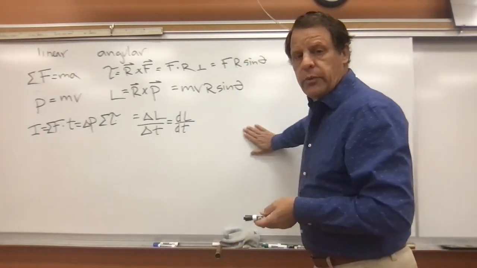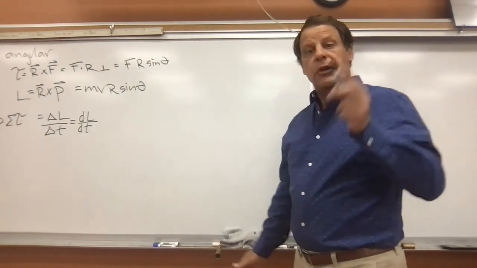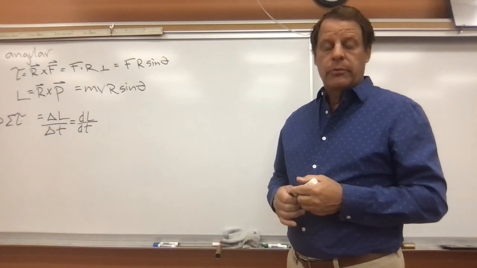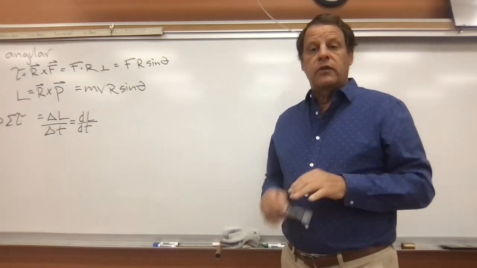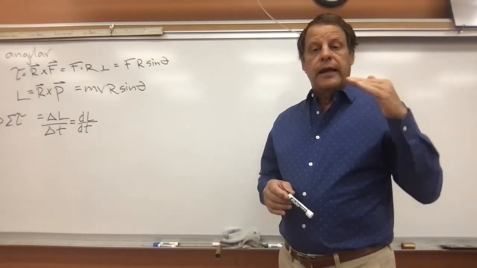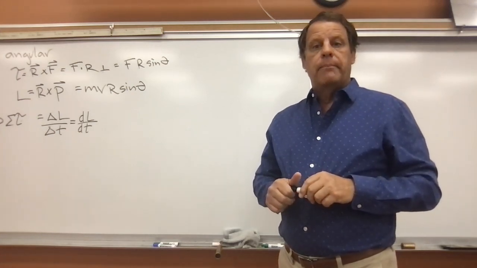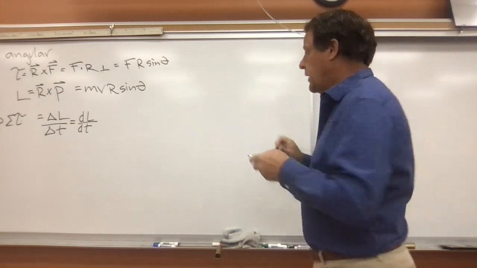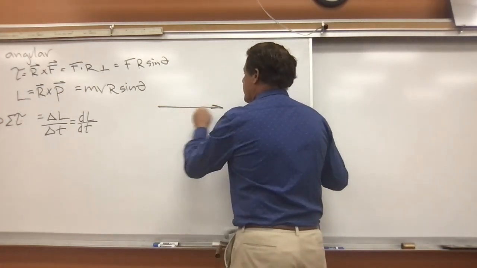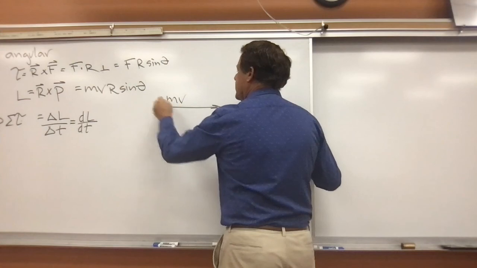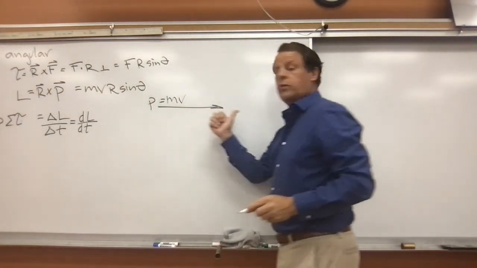How can you have something going straight that's going to have an angular momentum? Now, it's going to be the case, but you have to have a point of reference, or a line of axes.